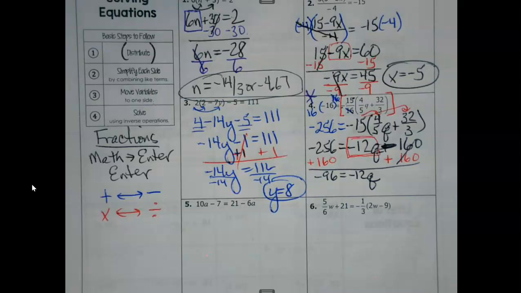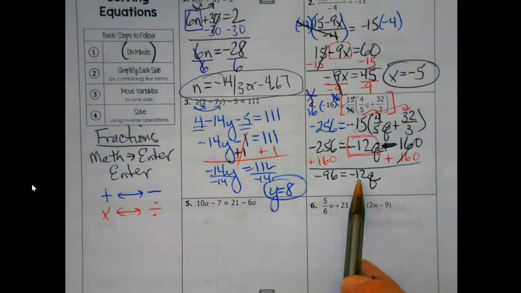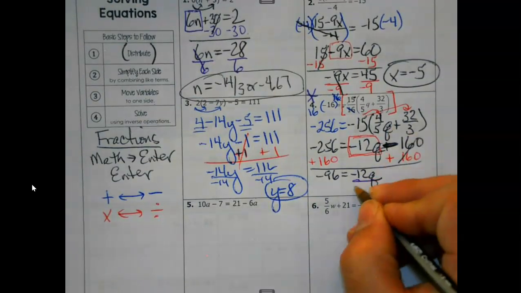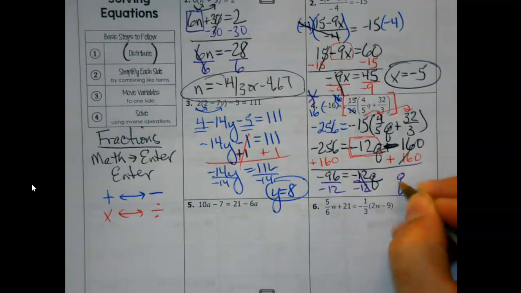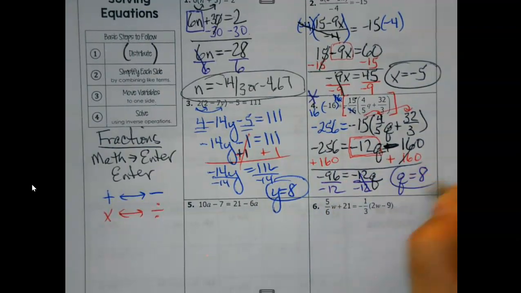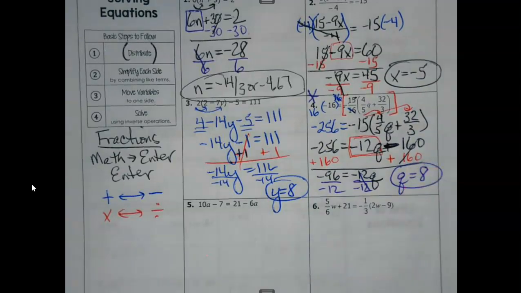And then one last reminder here, sort of like we saw in this last one. That's not Q minus 12, it's -12 times Q. And we're getting lots of 8s here, lots of 8s. And we get that set.